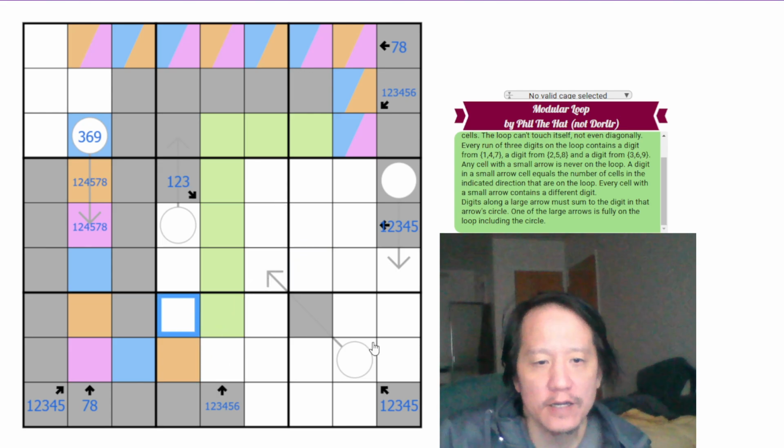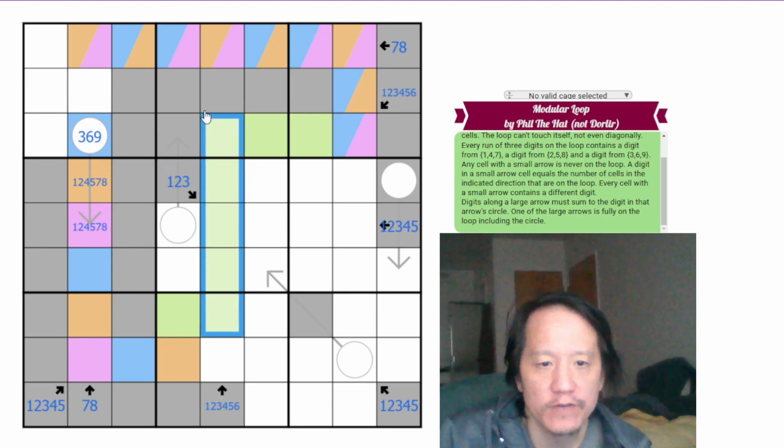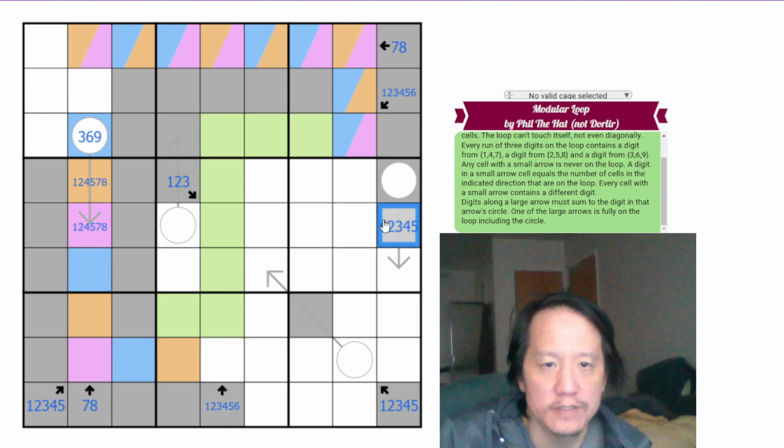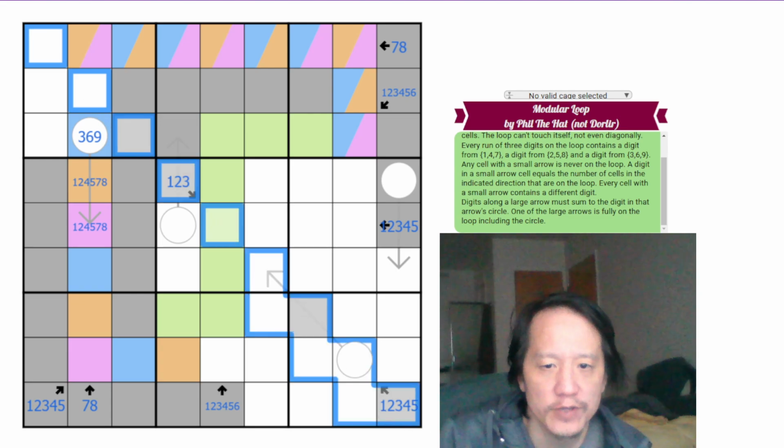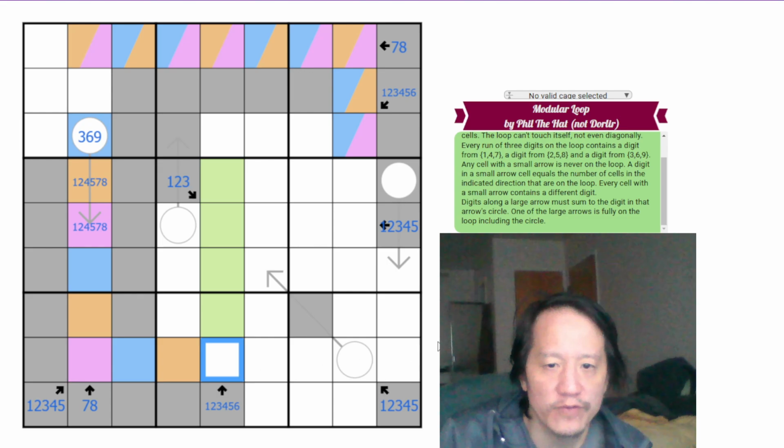Then it has to connect here, right, for this to be 6. So this would be 6, this would be 2, but the problem is this also would be 2, so that doesn't work. So now what if we try this way?